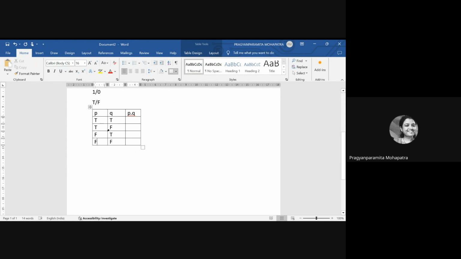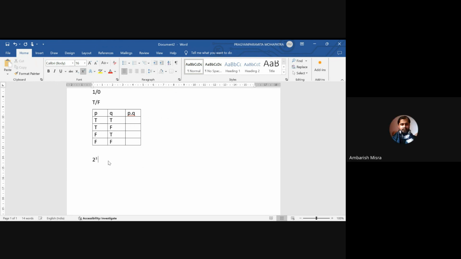Okay. If we have three variables, then it will be 2 to the power 3. Okay. 2 to the power 3 is equal to 8. 8 rows we are having.